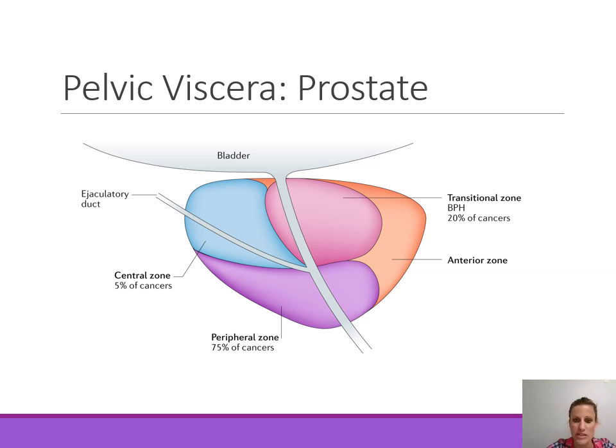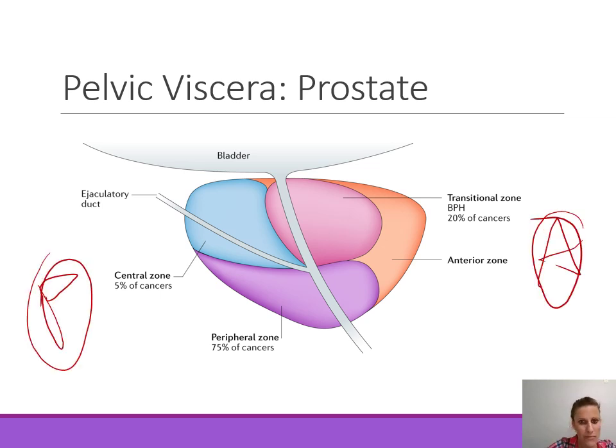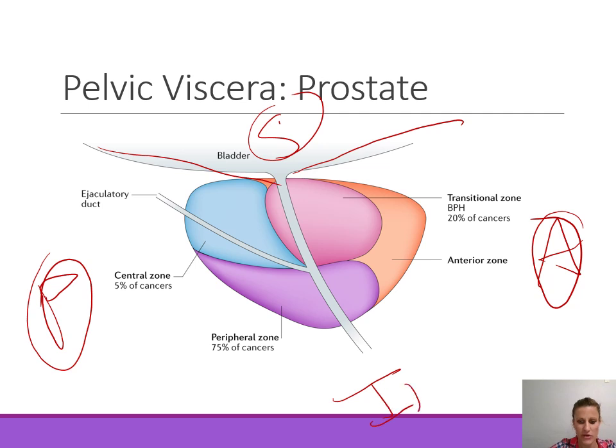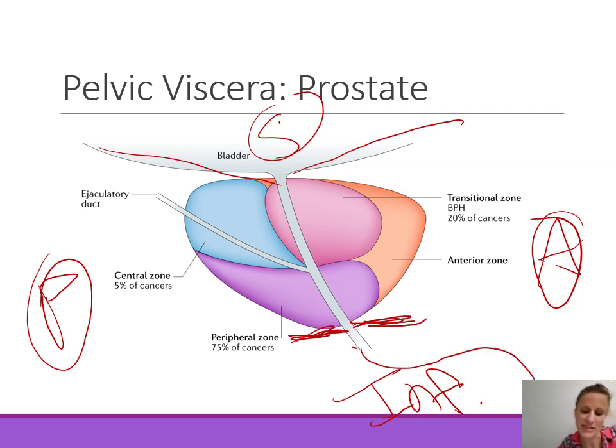So here you see this is anterior and posterior. Up here superiorly you have the bladder, then inferiorly we would have the external urethral sphincter, and then the urethra would continue into the corpus spongiosum.